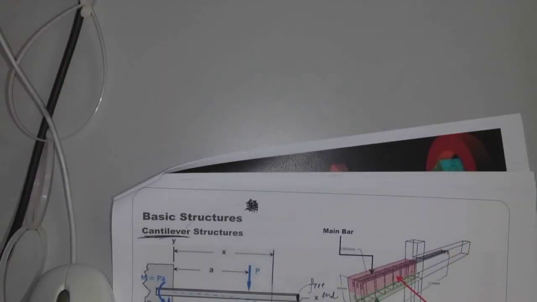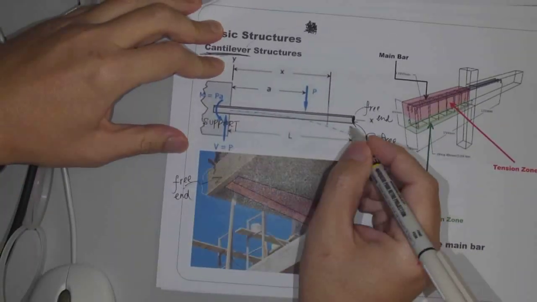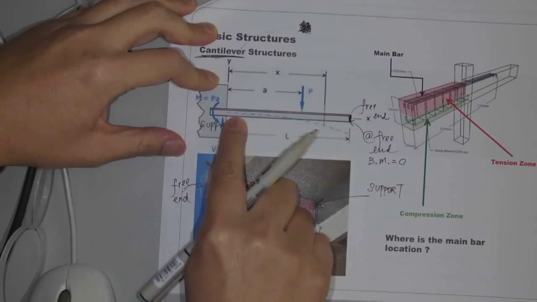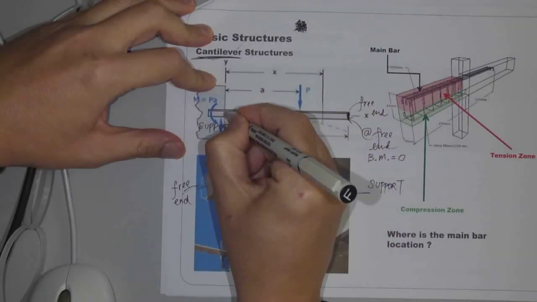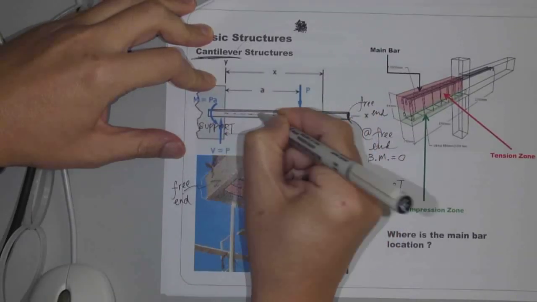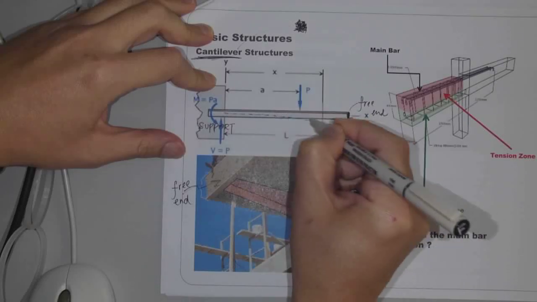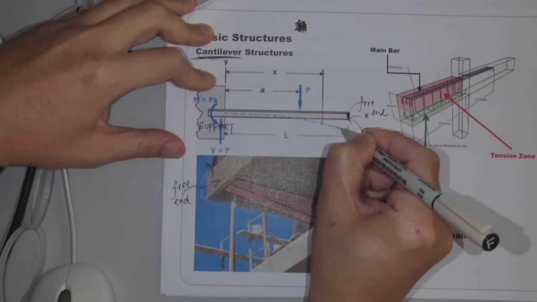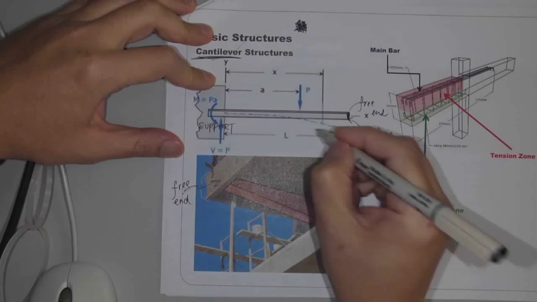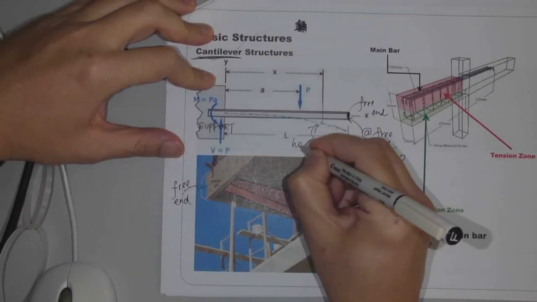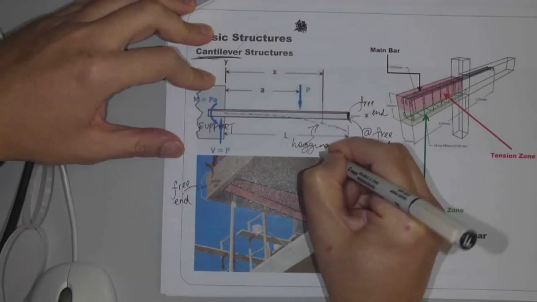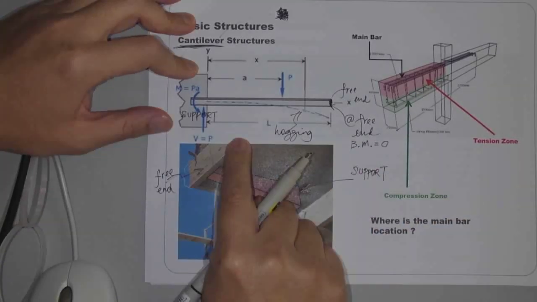If I sketch my deflected shape, it's actually on your handout, that dotted line there. Obviously it's in hogging. So what does that imply?